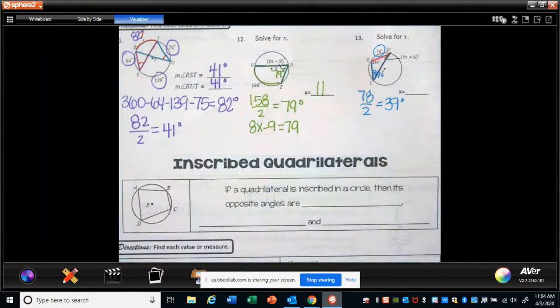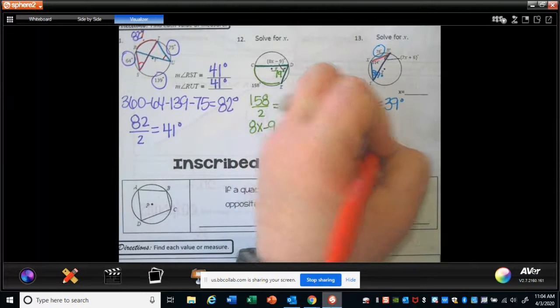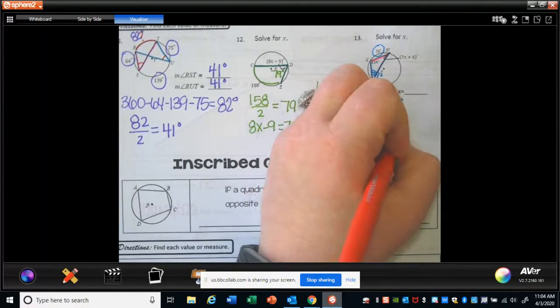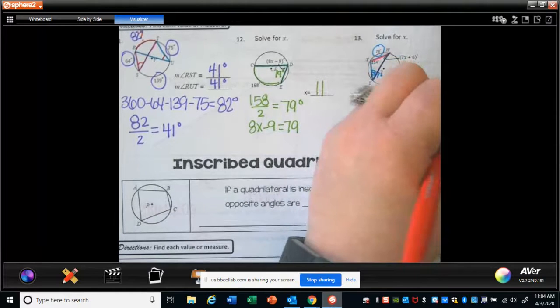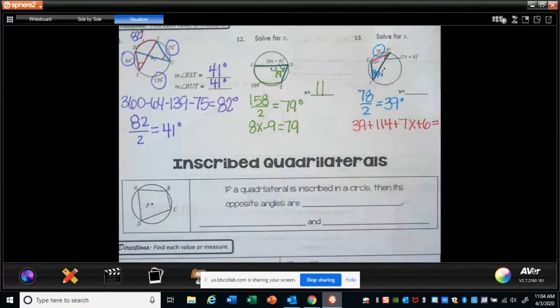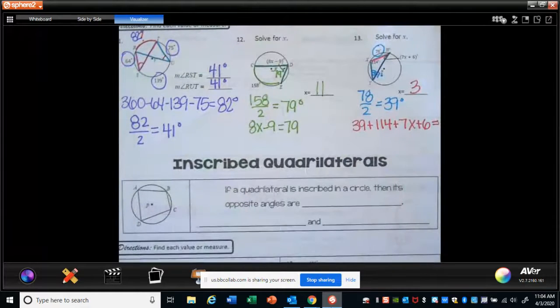So I can combine all of those together and set them equal to 180 in order to solve for x. So I'm going to say 39 plus 114 plus 7x plus 6 is equal to 180 degrees. And when I solve for x right here, I'm going to get x to equal 3.